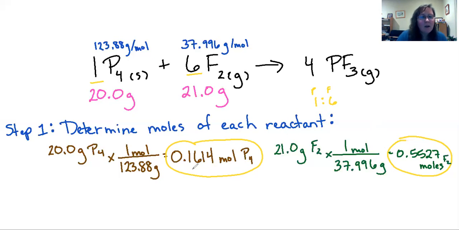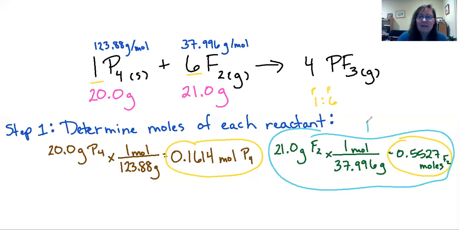And it's not. We have 0.16 moles of phosphorus and 0.55. So we have quite a few more moles of fluorine than phosphorus, but it's not a full 6 more. So what that means is that the fluorine is limiting, and our P4 is in excess.